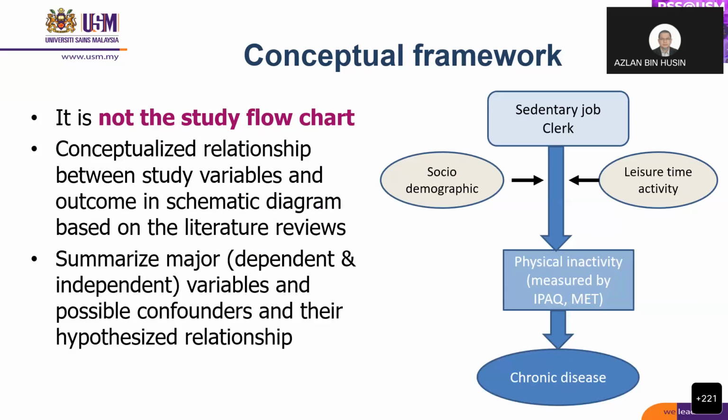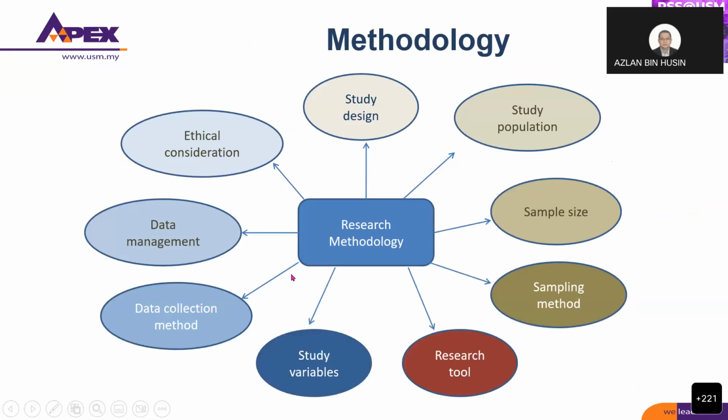Many students confuse the conceptual framework with the study flowchart. The study flowchart is the diagrammatic representation of how you run your study. Start from the screening, for example, the population of interest, and then you look at the criteria before the participants, before you collect your data.